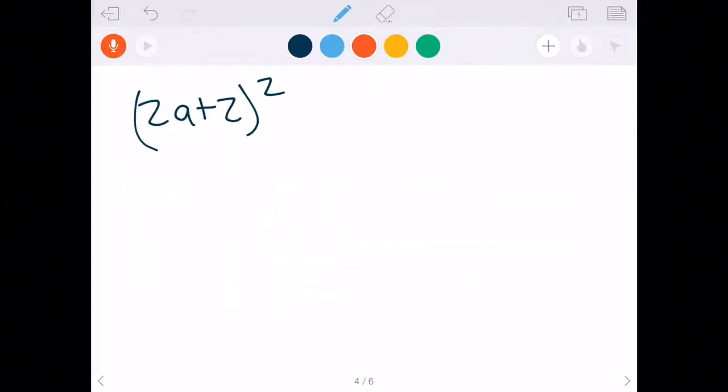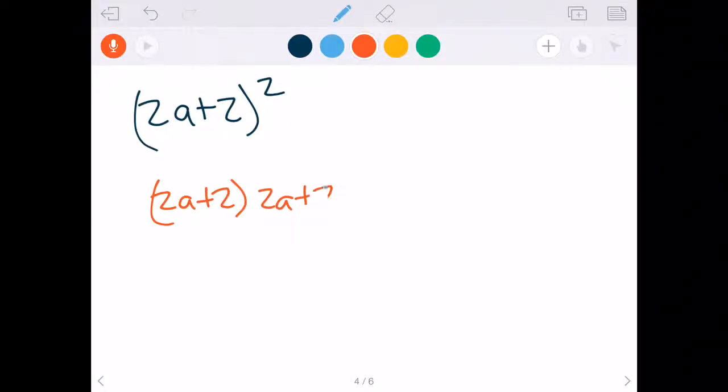Three more examples. This is going to be the last one where it's two binomials. This is written a little bit differently, but I think we can all agree that 2a plus 2 squared is just 2a plus 2 times 2a plus 2, which is what I have down below, which I just rewrote in red.